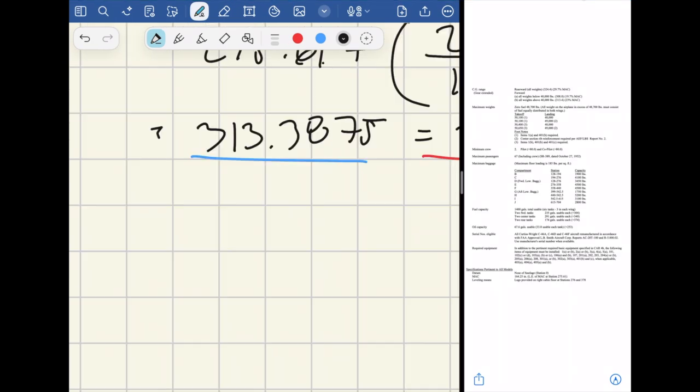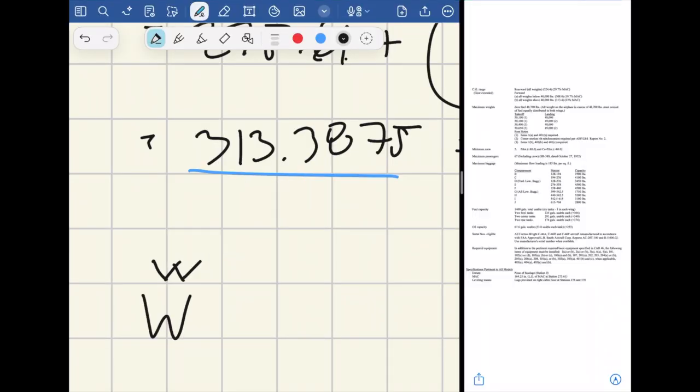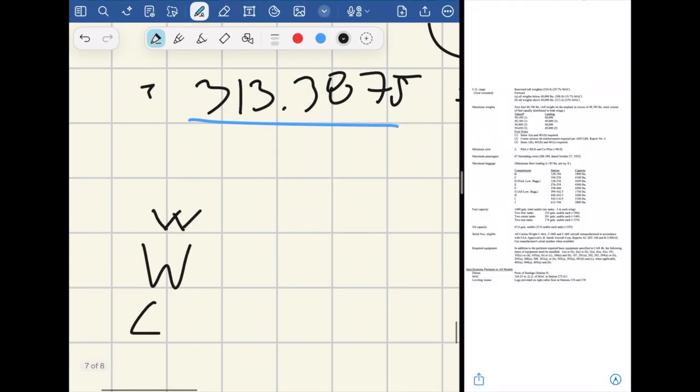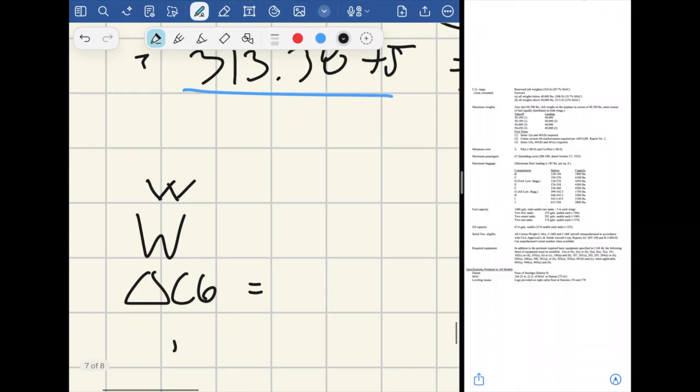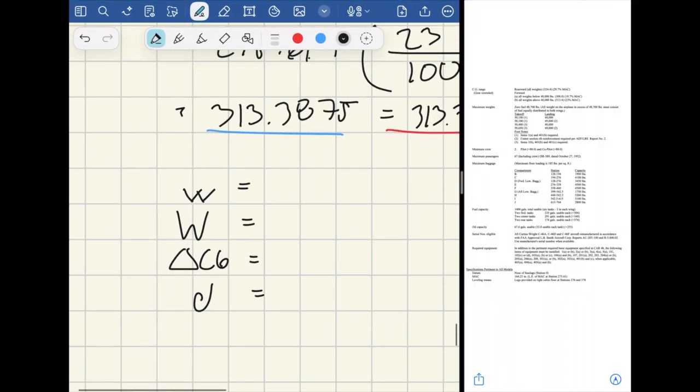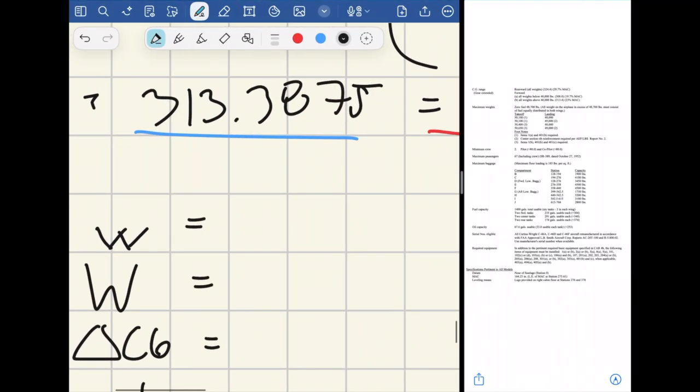Alright? So, now let's plot muna ang ating mga given para mas madali tayong makapag-solve. So, we have the weight to be shifted, then we have the total weight, then we have the change in CG, and then we have the distance. Alright? So, weight to be shifted. Now, ito yung ating isa-solve.